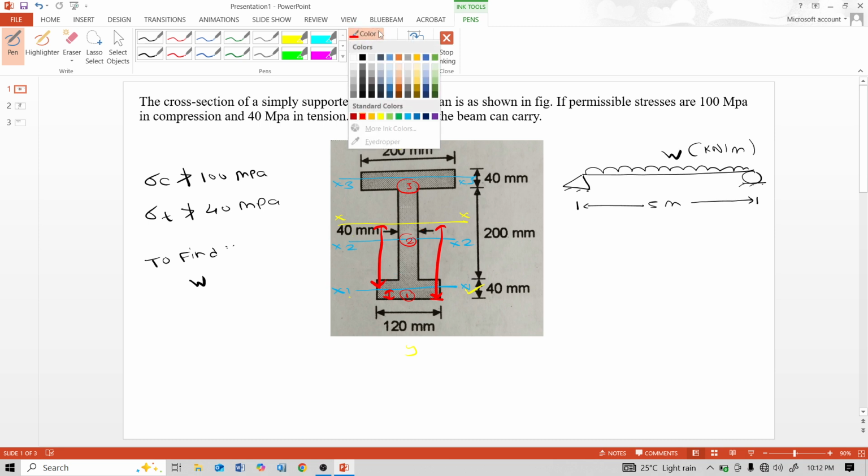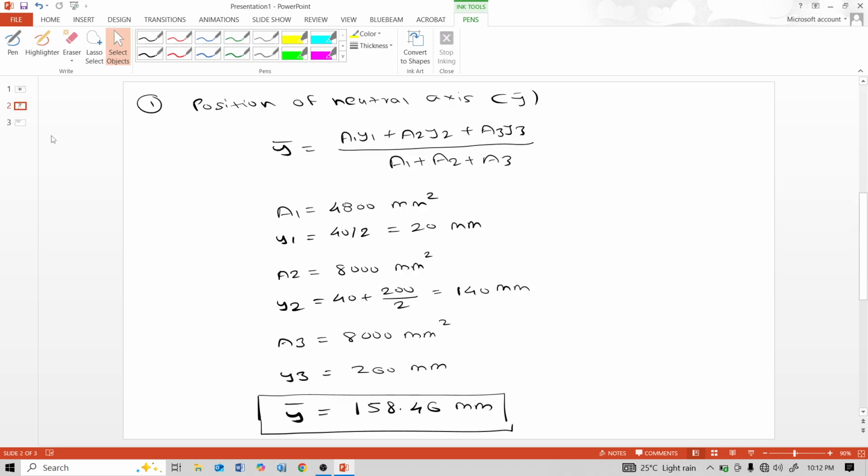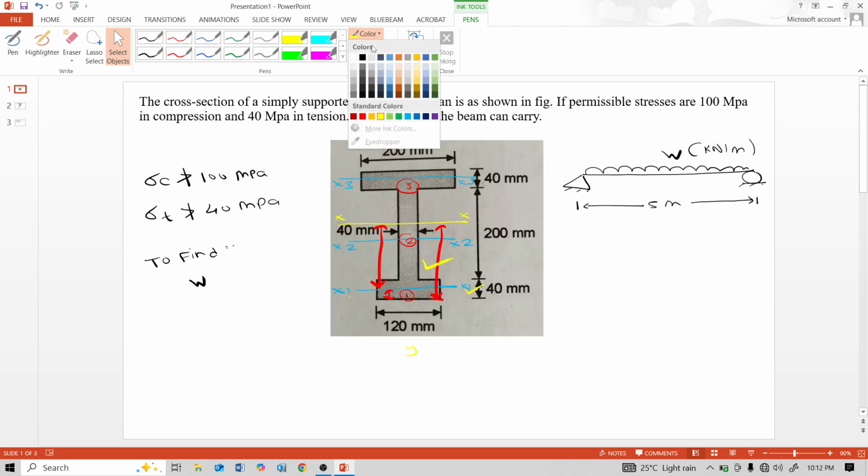So first consider this distance, and this distance is 158.46, and minus this small distance. This small distance is 40 divided by 2, that means 20 mm. So minus 20 is 138.46 mm, this distance.